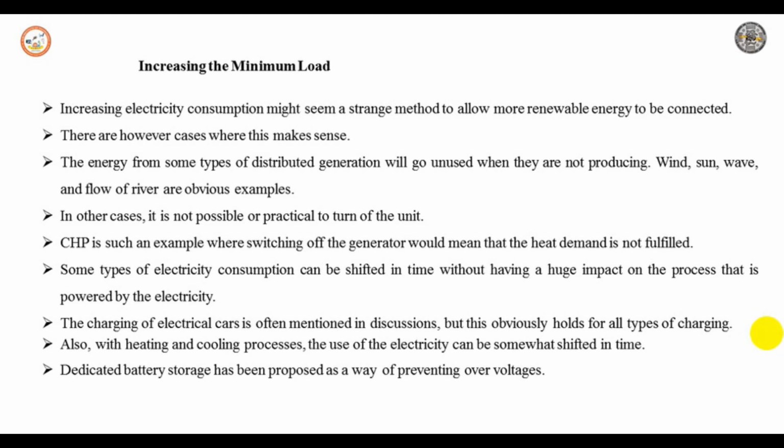In other cases, it is not possible or practical to turn off certain types of electricity consumption, so that can be shifted in time without having a huge impact on the process.